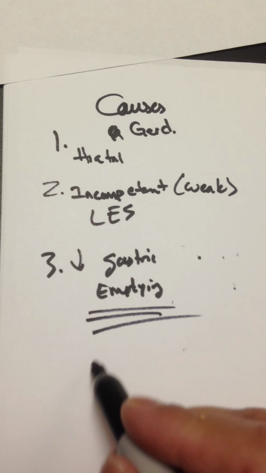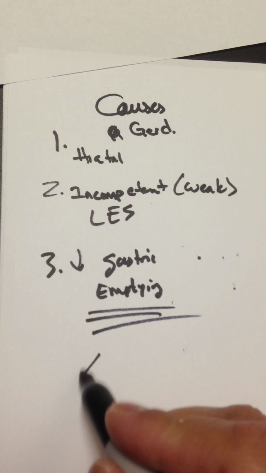Now, a big point to remember, and this is for your NCLEX, remember that this problem will increase again in the supine position. And especially, for example, if you just ate a large meal, and especially if you ate a large fatty meal, and then you go down and sleep, lay down.